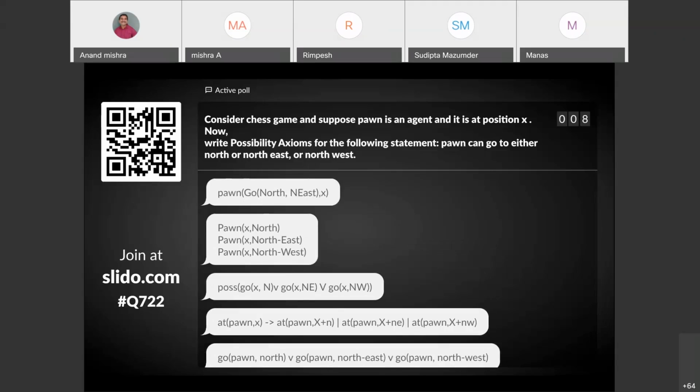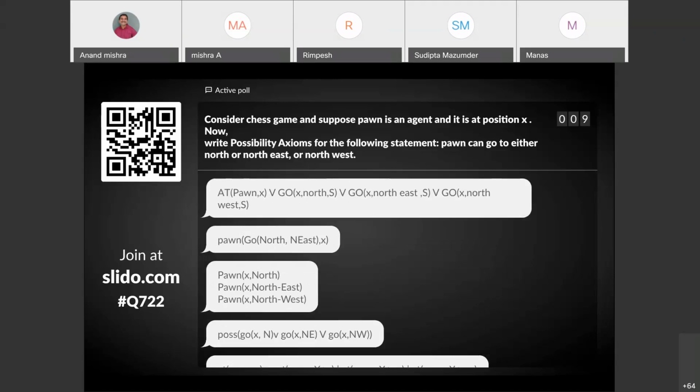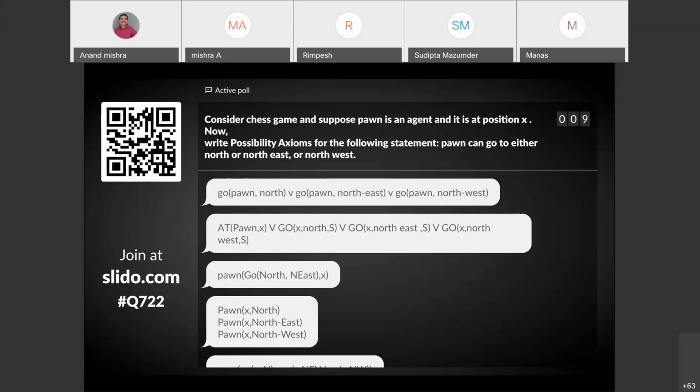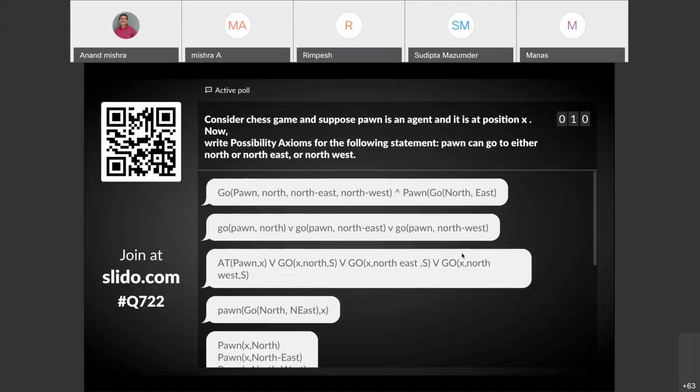Maybe the first thing is you need to assume where the pawn is. So that should be there, and then you should have multiple ors. So you need this or that or that. Yes, this is good, but there are multiple ors. It should be pawn is at X and then ors.